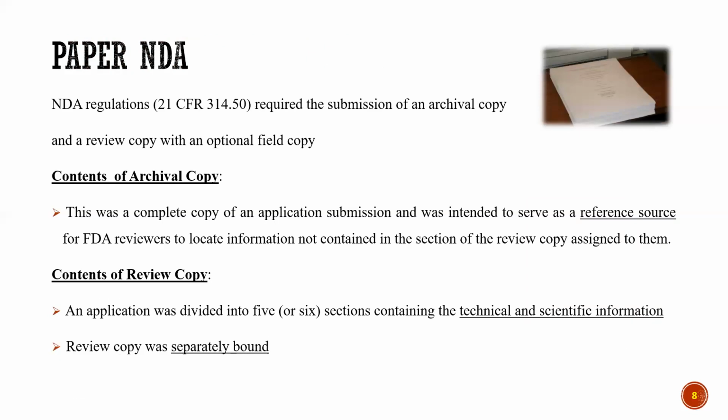According to the 21 CFR regulations, all the documents required for the submission are an archival copy and a review copy, with an optional field copy. The paper NDA archival copy is a complete copy of an application submission, intended to serve as a reference source for FDA reviewers to locate information not contained in the section of the review copy assigned to them.